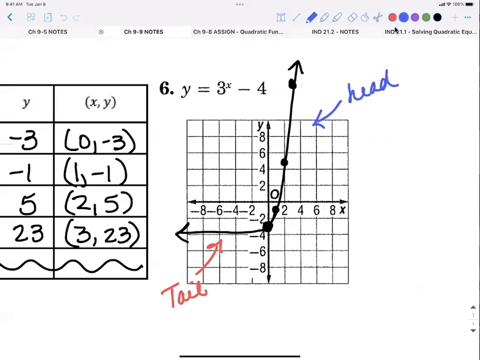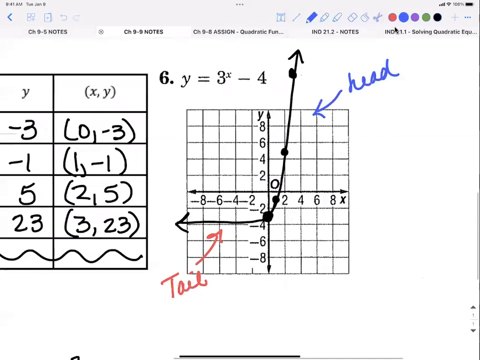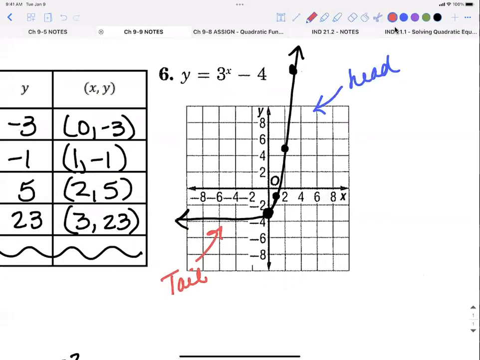So the notes I want you to write for yourself is that the tail is flat, at least as far as the human eye can see. It's actually not flat. It actually runs down just tiny, tiny bit forever. But as far as we're concerned with what our human eye can detect, we're just going to say it runs flat. And the head explodes or shoots like a rocket up high.